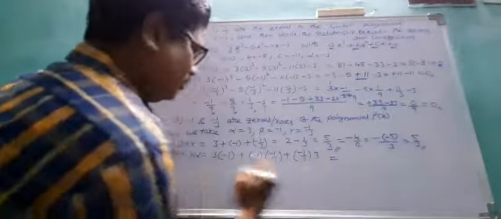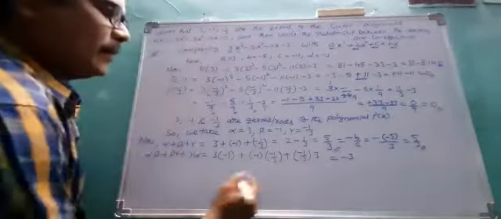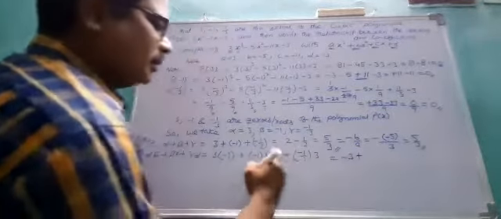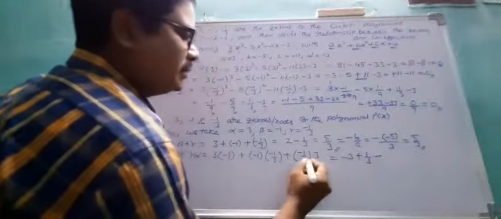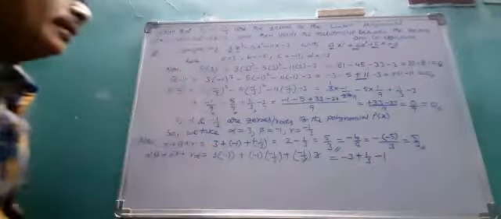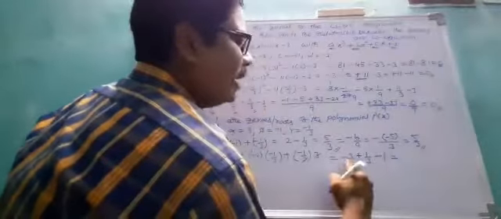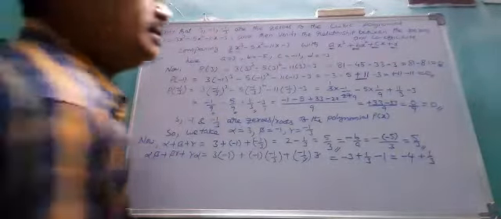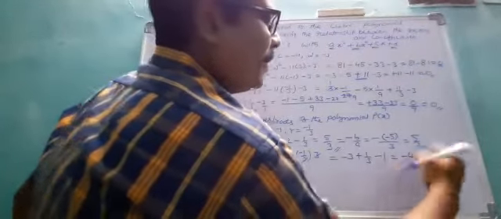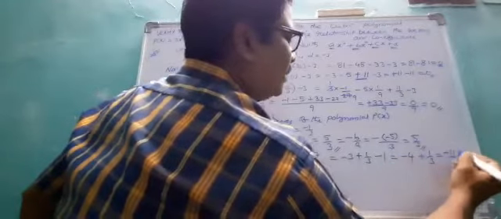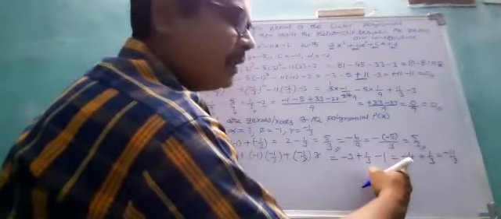So that equals 3 into minus 1, minus 3. Minus of minus is plus 1 by 3, and plus 3 and minus 3 cancel, remaining minus. So that equals minus 3 minus 1, minus 4 plus 1 by 3. So that equals 3 into minus 4, minus 12 plus 1, minus 11 by 3.